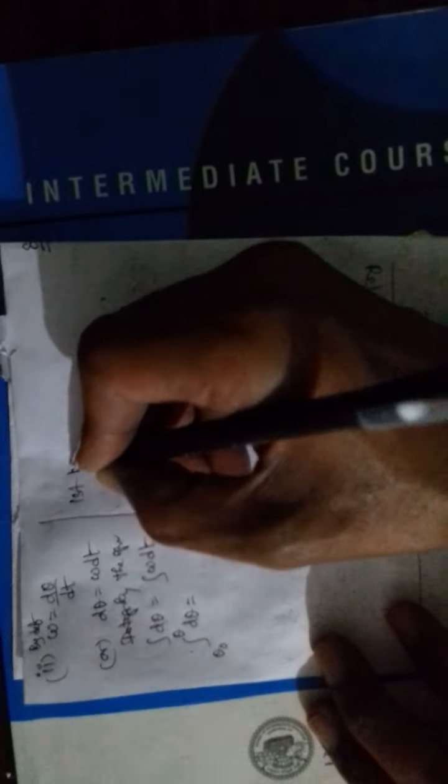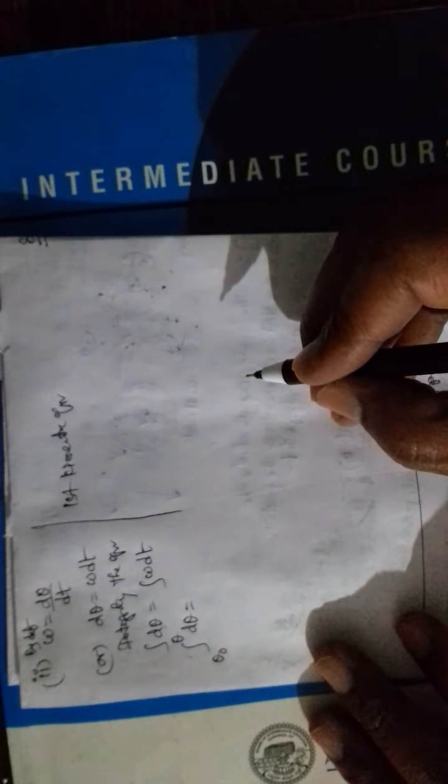And here omega, see in the first kinematic equation, what was the first kinematic equation? Omega is equal to omega naught plus alpha t. So let us substitute this here, omega naught plus alpha t dt.